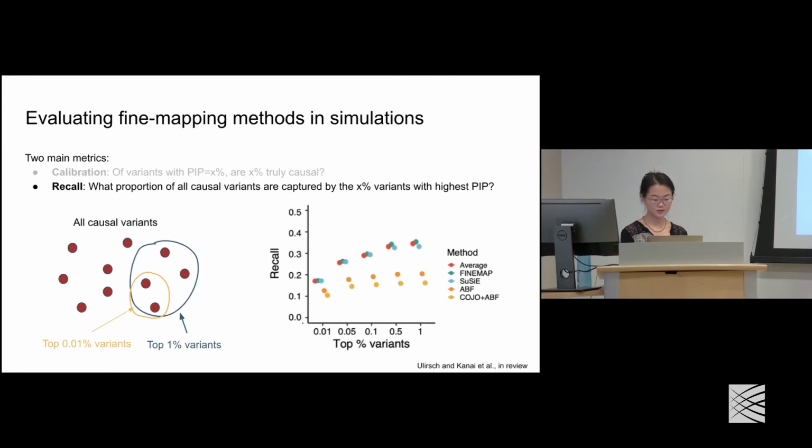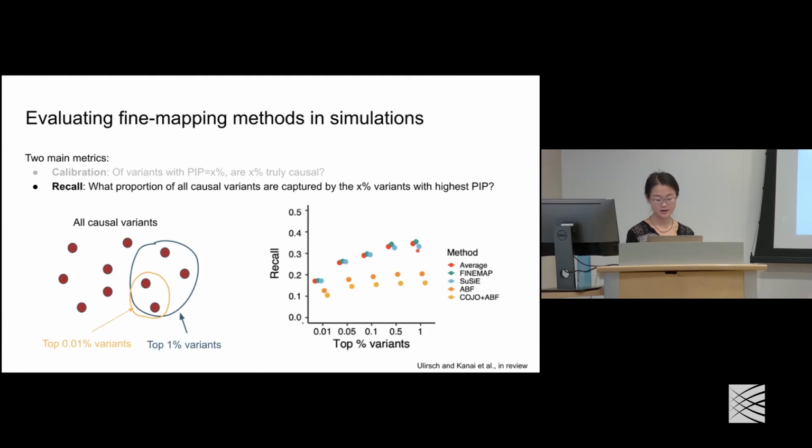So with these numbers, you can plot a recall line. And we did this for our simulation as well. And you can see here, recall is telling you a slightly different story, giving you a more full picture of the comparison for all these fine mapping methods, right? Here you can see that ABF and CARMA ABF have lower recall, almost just half the amount of the causal variants that are recovered by SuSiE and FINEMAP.